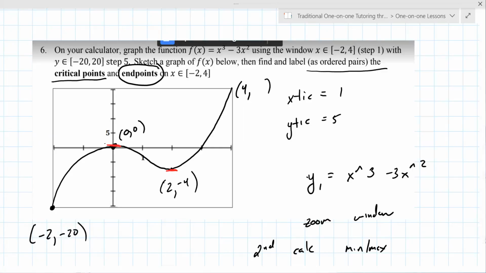Then similarly, you're doing it over here at 4, and you get 16. There's no calculus in this other than maybe the critical points, but you actually could do this without a calculator. There's no formulas or anything needed, no derivatives, just kind of do it.